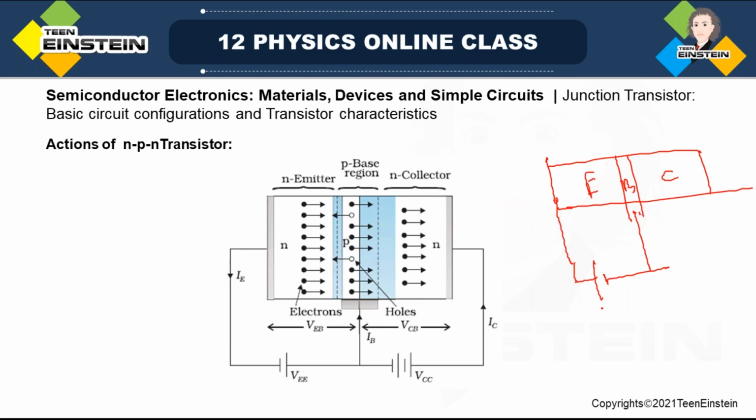So you can see there are three different terminals, but we have to use them as input and output. I need to connect a battery: the battery positive terminal has to go to the emitter, and the negative terminal will go to the common one. Here I have taken base as common. In some cases you can take collector as common, sometimes you can take emitter as common. So depending on that, there are different configurations.